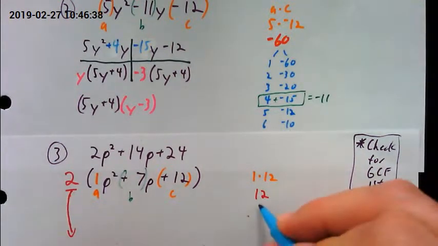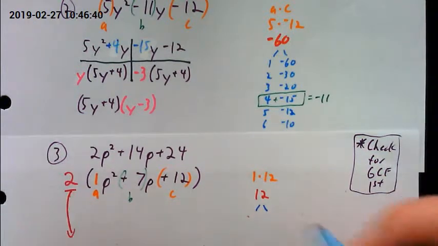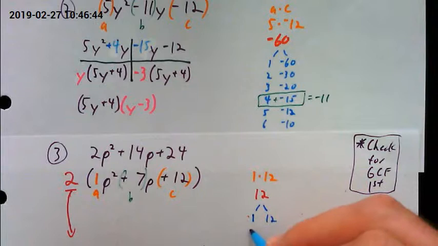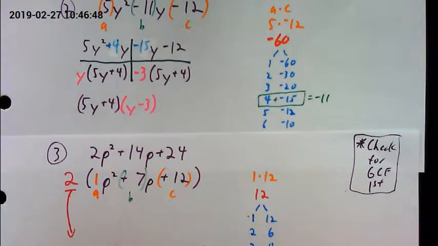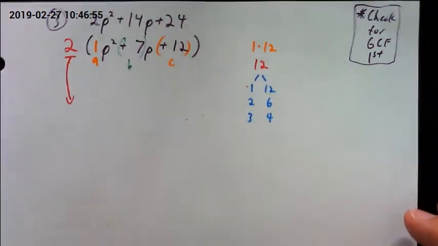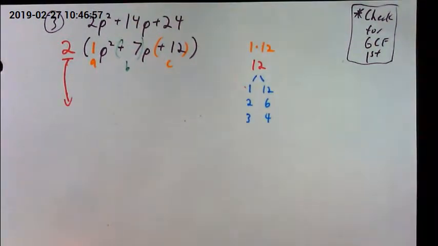We need factors of 12 that add to the middle. Now, there's only a couple factors for 12. There's either 1 and 12, there's 2 and 6, and there's 3 and 4. So there's only a few factors. All right? So now, for those, do we need any negative signs this time?